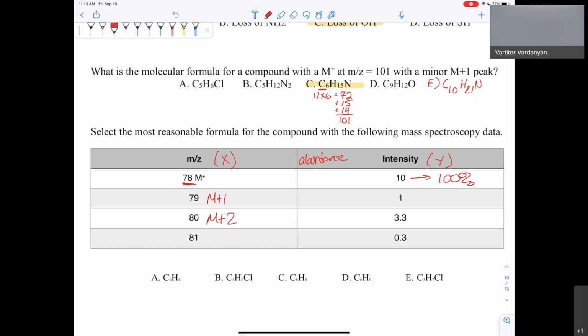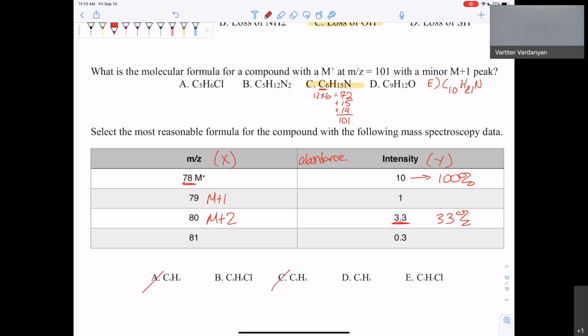Chlorine. Cool. How did we know it was chlorine besides the answer choices? A 3-to-1 ratio, yes. So we could say that this is 33%, which is 1/3 of 100%, 1/3 of the base peak. So you can get rid of which answer choices?